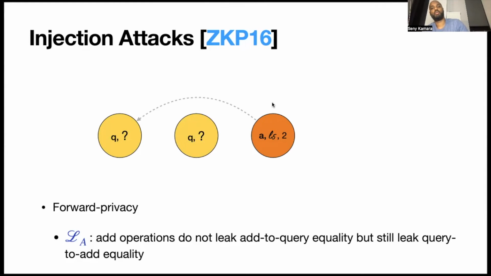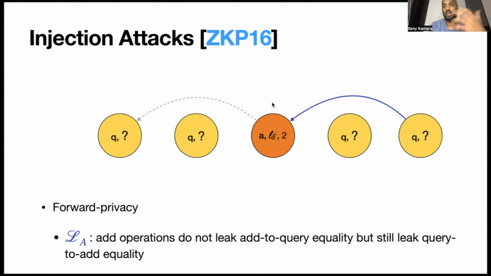But if the scheme is forward private, then this particular correlation will not be revealed. However, if I keep querying after the injection, then the scheme can reveal correlations between the add and future queries. So forward privacy will not hide these correlations.